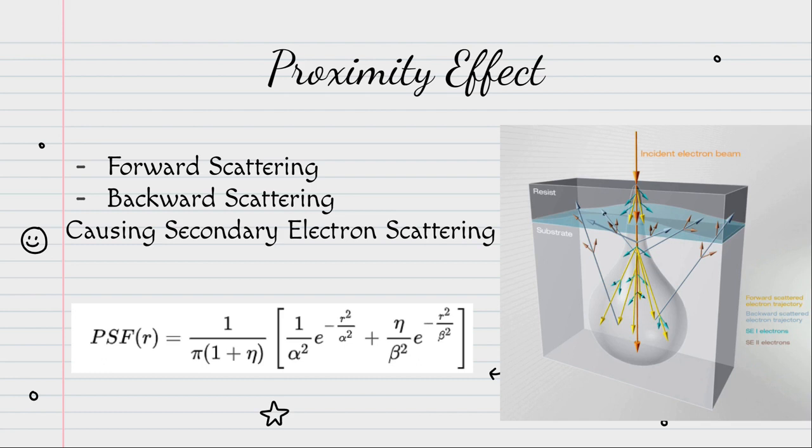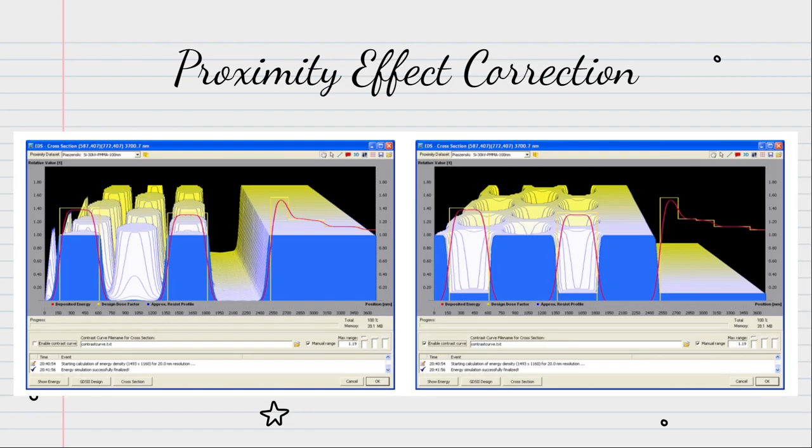The phenomenon can be described by the sum of two Gaussian functions, where alpha and beta are determined by forward and backward scattering, respectively. Hence, we should take this into account and modify our pattern. For example, if we want the blue pattern to stay on or be removed from the white wafer, we should deposit our electron beam like a red line. Higher positions mean higher energy.